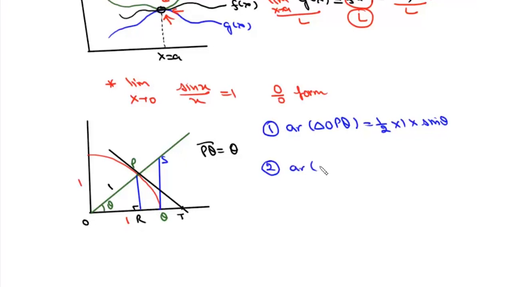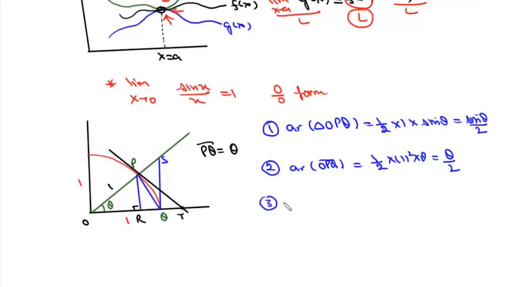Previously we worked out the area of this triangle; now we are working out the area of this sector OPQ. The area of a sector is half r square theta, so it will be 1 by 2 r square into theta, so it will be theta by 2. And the first one is sin theta by 2.